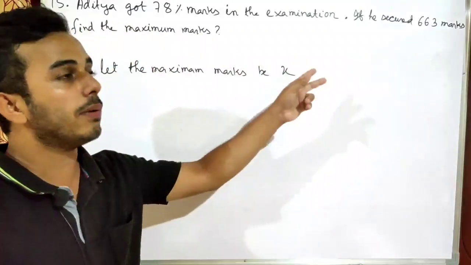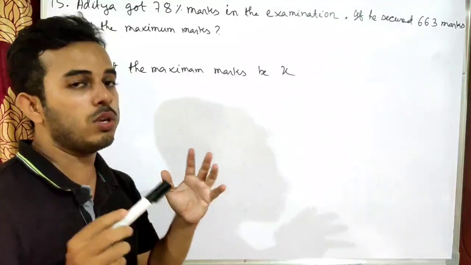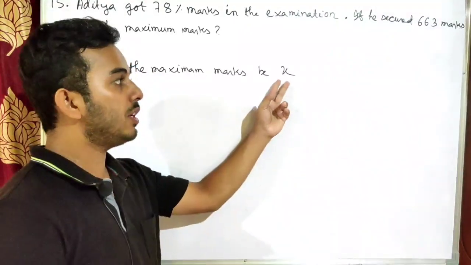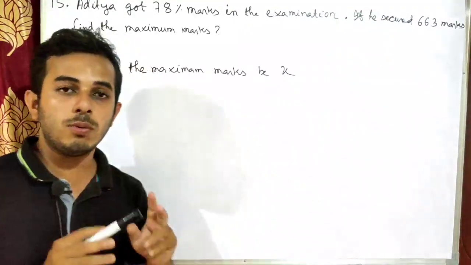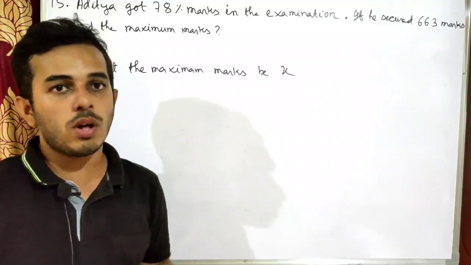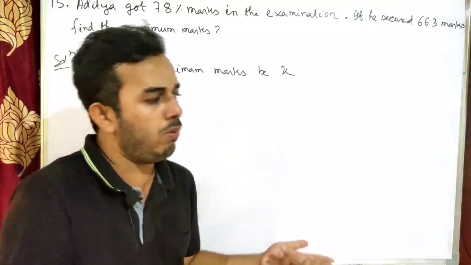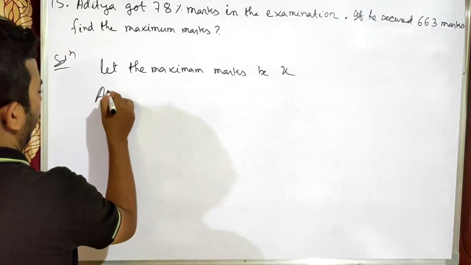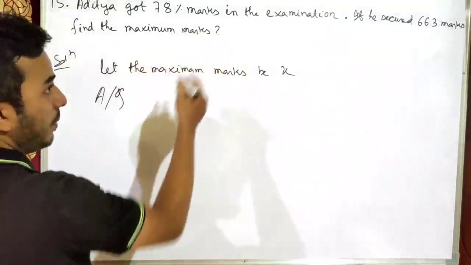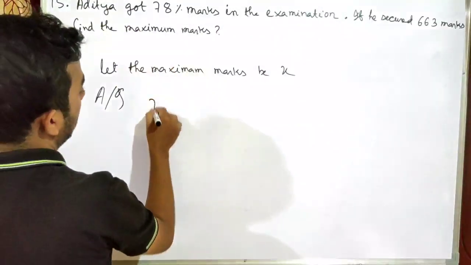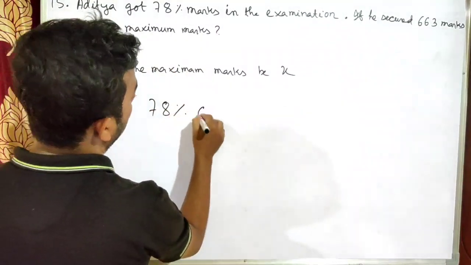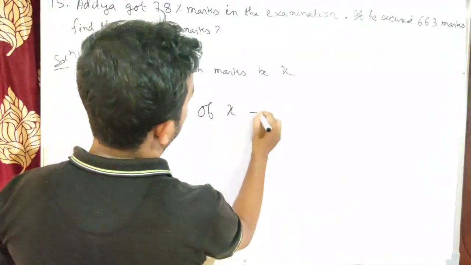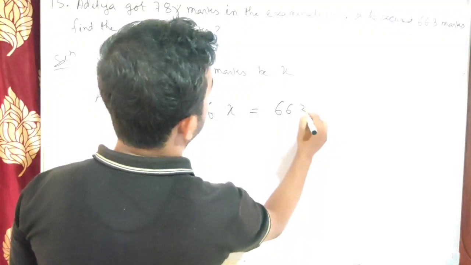Now here the marks are given, and the total marks is what we have to find out. I have considered the total marks as x. So 70% of x equals the marks given. We have a relation here: 78% of x equals 663.